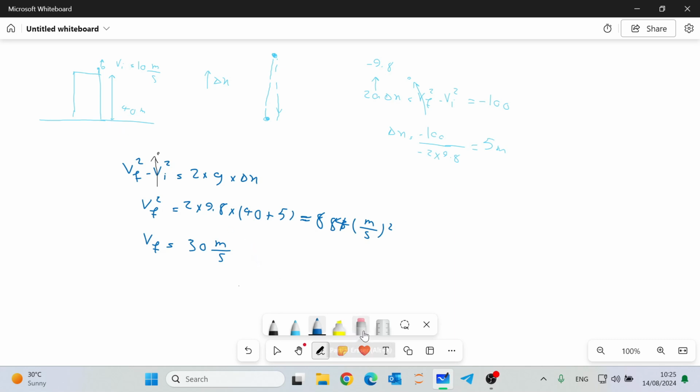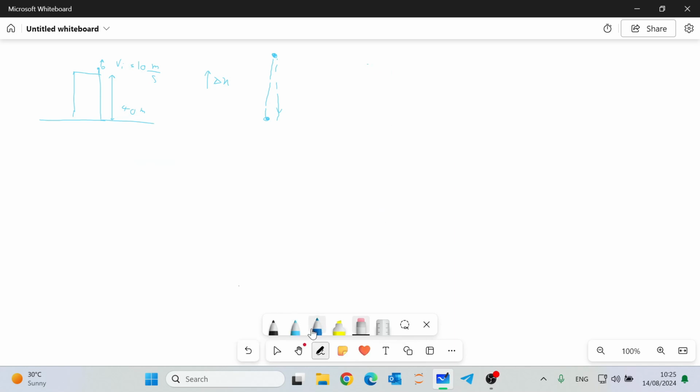Okay? Now I want to know about the time that it takes to do these processes. How much time it takes? As you can see, when it's going up, it takes, for example, t1 as a time. When it's coming down again to here, where it has been thrown from, it is t2.